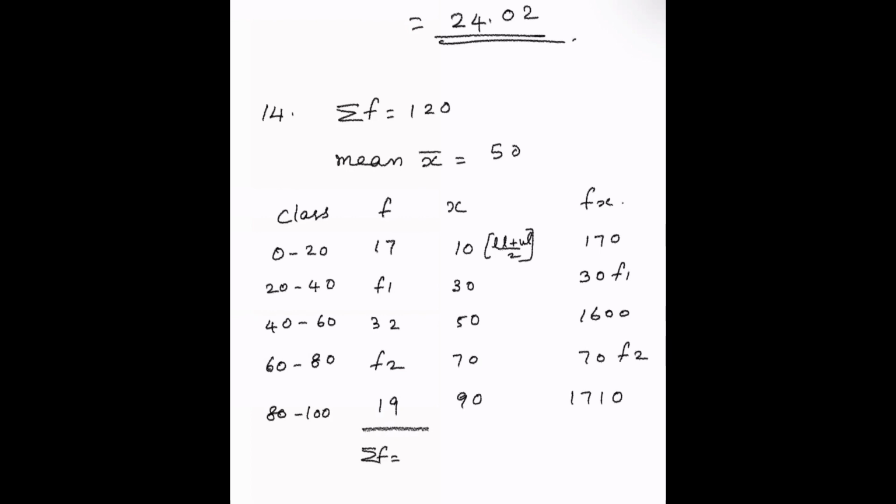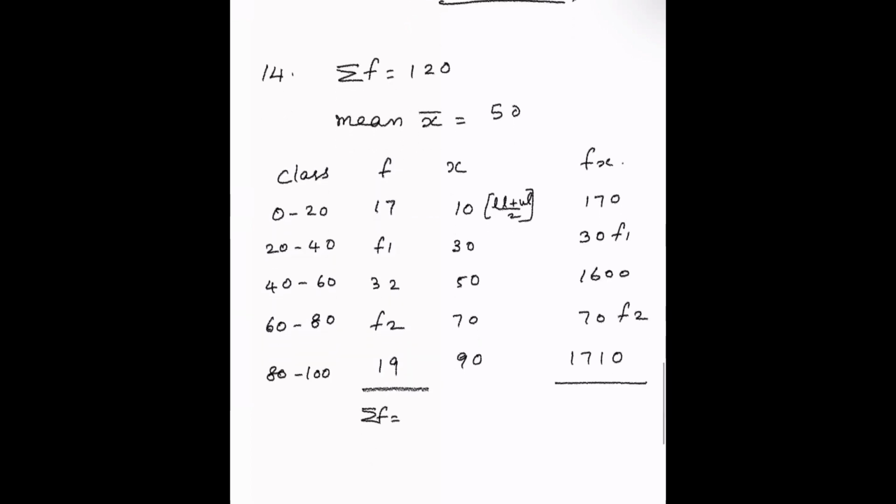Sigma F is, you have to add up everything here. Sigma Fx. This is 68 plus F1 plus F2. That is 3480 plus 30 F1 plus 70 F2.